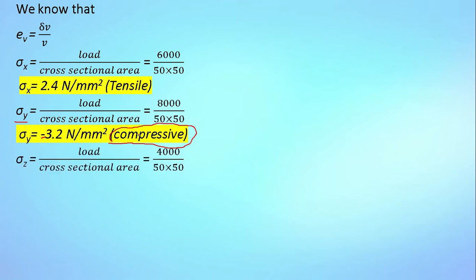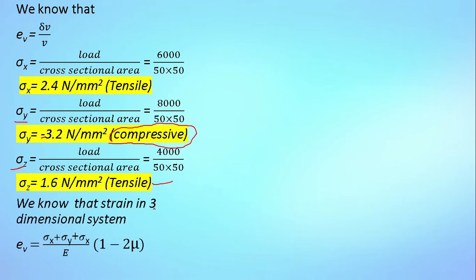In a similar manner, the stress in z direction is equal to load divided by area. Load along direction z is 4000 and cross sectional area 50 by 50. So it gives sigma z is equal to 1.6 Newton per mm square, and it is tensile in nature.